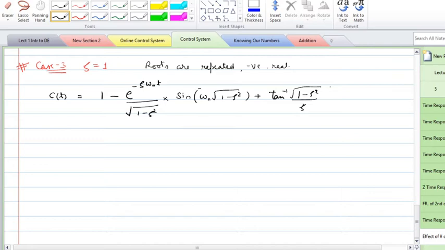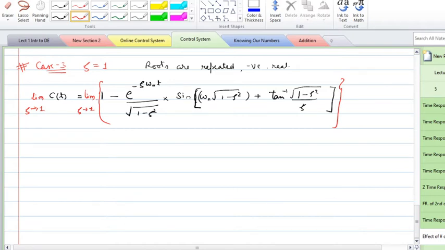So let's start by taking the limit, because here zeta tends to 1, so we have to put the limit on this complete equation, as limit zeta tends to 1.